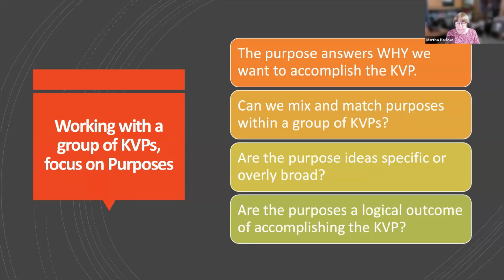Now, we see a lot of overly broad purposes, and we've tried to send out information about that. Examples would be "so that the citizens can lead a healthy life." Well, that is pretty broad, even if you're dealing with a health kind of topic.